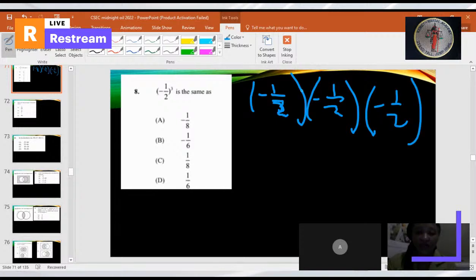The negative times negative gives positive, and then that positive times another negative will be negative. A half times a half times a half is 1/8. So it will be negative 1/8, which is A.